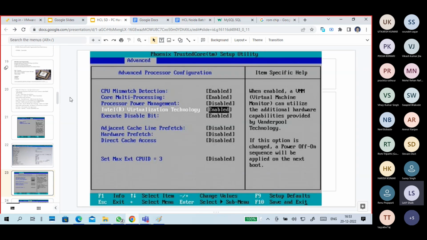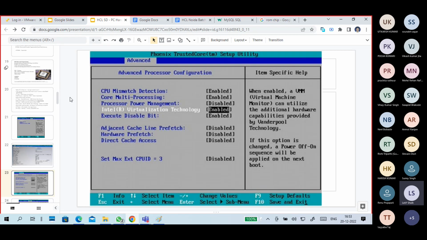Normally, when you purchase a desktop or laptop, by default some systems have Intel virtualization technology in disabled mode. How to enable? You have to go to the BIOS settings, search for Intel virtualization technology and change disable to enable.